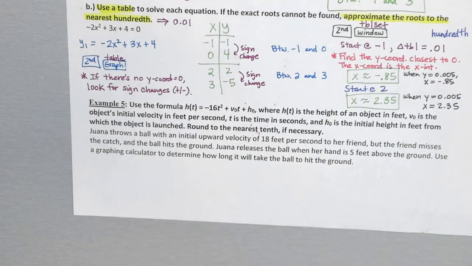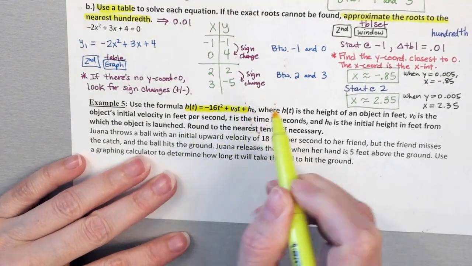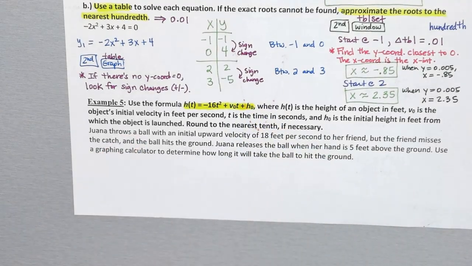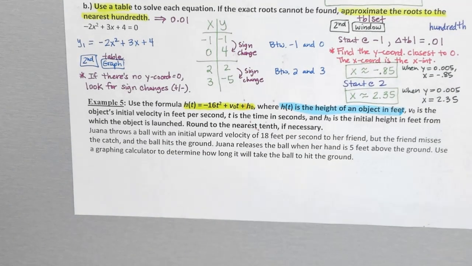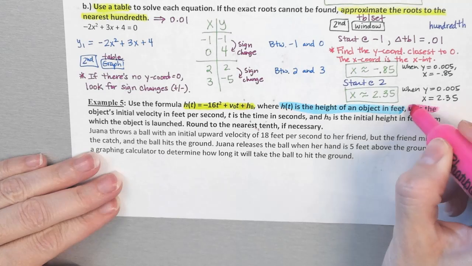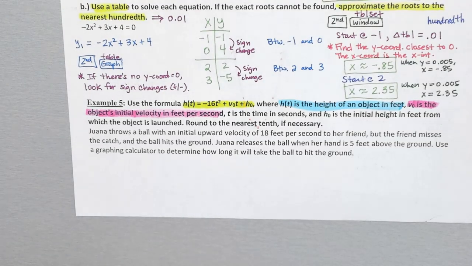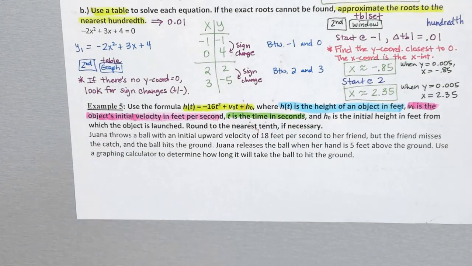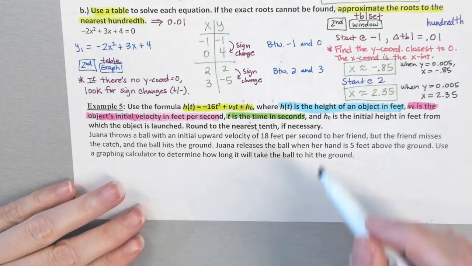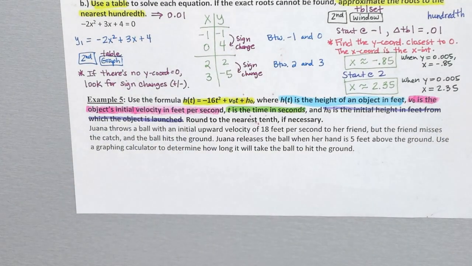So in example 5, it says to use the formula h of t equals negative 16 t squared plus v sub 0 t plus h sub 0, where h of t is the height of an object in feet, v sub 0 is the object's initial velocity in feet per second, t is your time in seconds, and h sub 0 is your initial height in feet from which the object is launched.